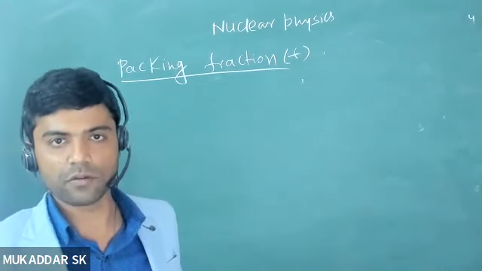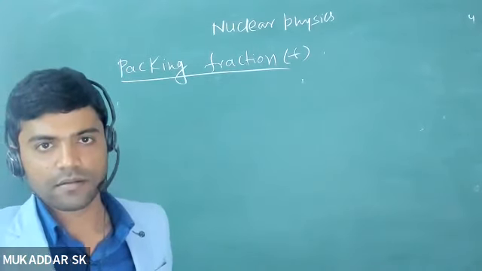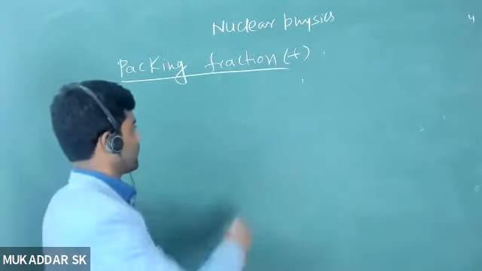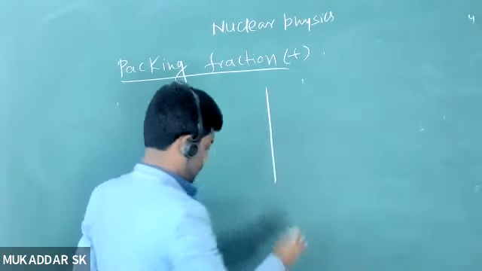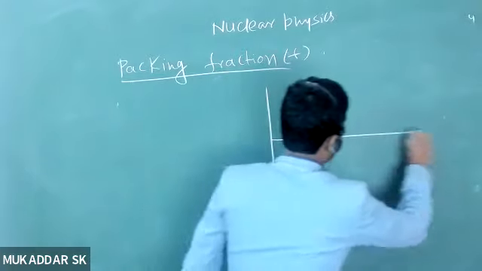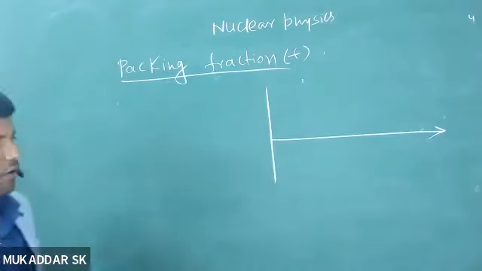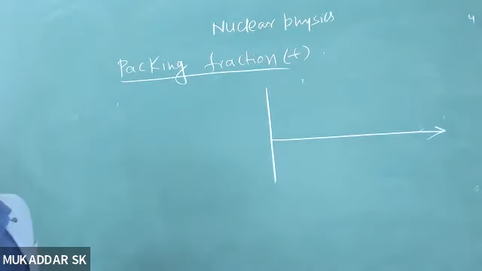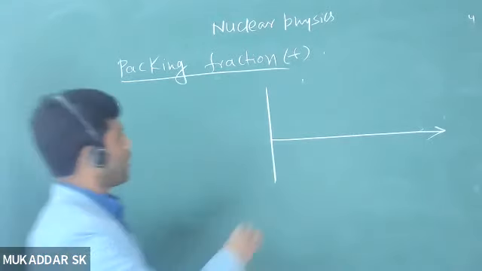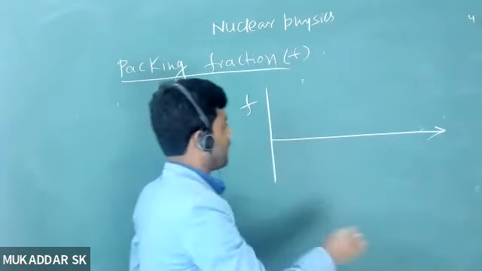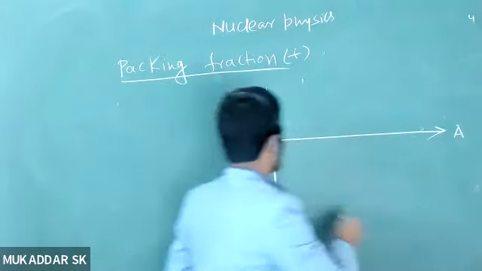But which will be the least? Iron. Exactly. Very good. Because iron has the highest binding energy, and highest binding energy means what? It is more stable. It means the packing fraction will be least. So if you plot the packing fraction as a function of mass number, it will have this kind of plot.